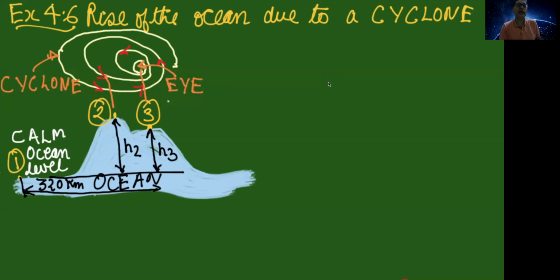And another cyclone that came to Mumbai from the Arabian Sea had a maximum wind velocity of 110 km per hour. This comes in class 1 of the cyclone. So as the class increases, the maximum velocity of wind in the cyclone is more.